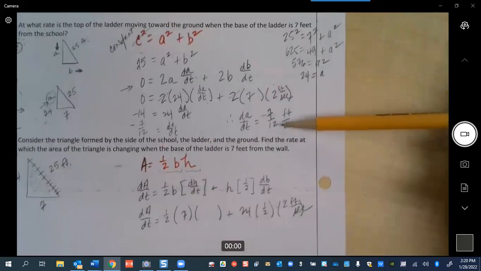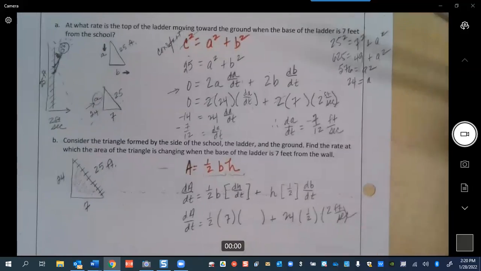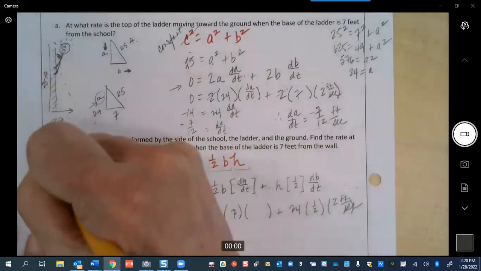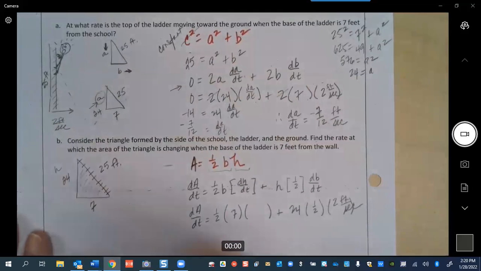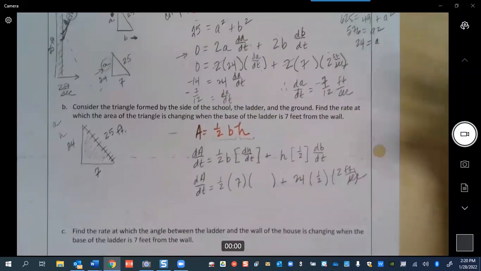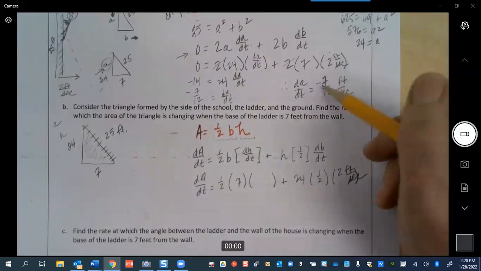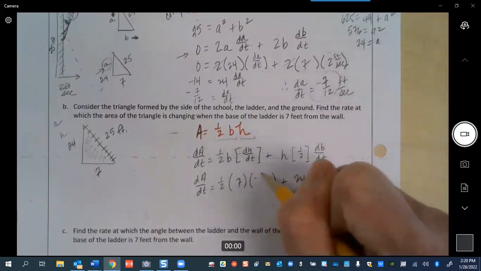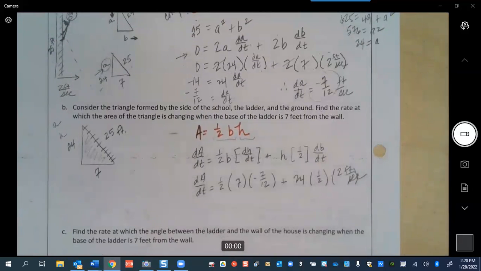Isn't that what I just solved for? Right? Now granted here I called it my height, but isn't it also this A that I found? Right? So when I go ahead and stick that in, that's what I found. -7/12. Sound okay?